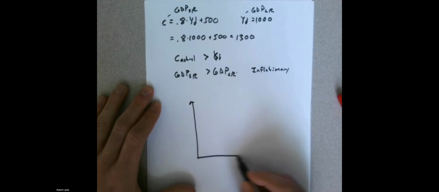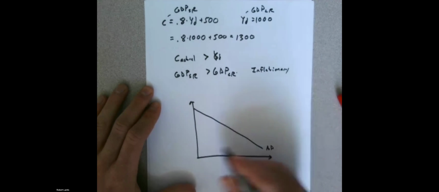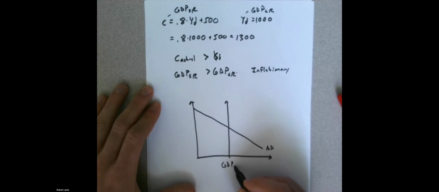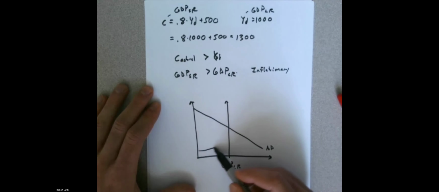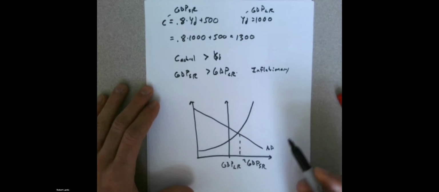So what was the visual depiction of this? We said, if we've got this aggregate demand curve, we've got our long-run aggregate supply, this would be our long-run GDP. If we have an inflationary gap, we know that the current level of GDP is too high.